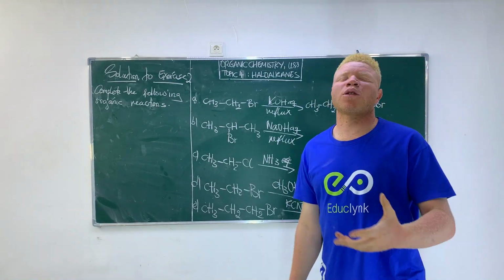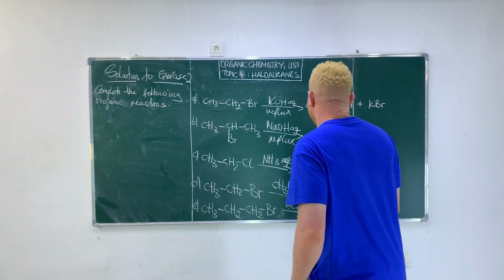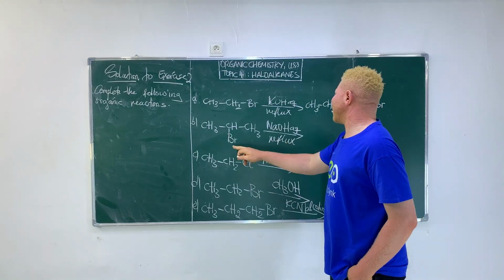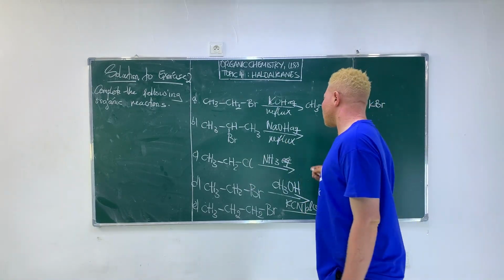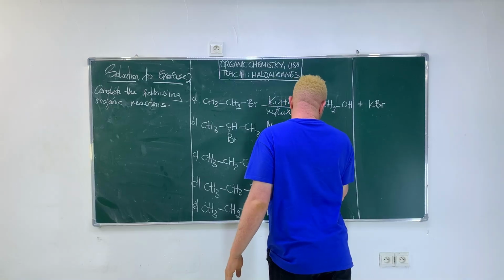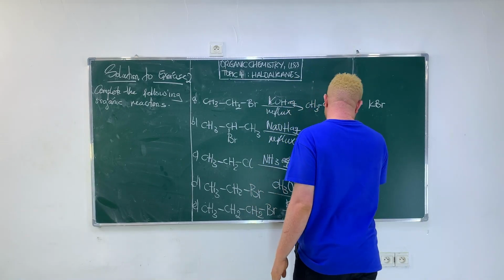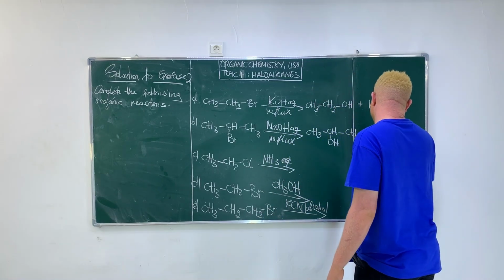In this case, you still have a strong base, that is the sodium hydroxide, in an aqueous medium. The OH group replaces the halogen. The reaction is nucleophilic substitution. So I'm going to have CH3CHOHCH3 plus sodium.